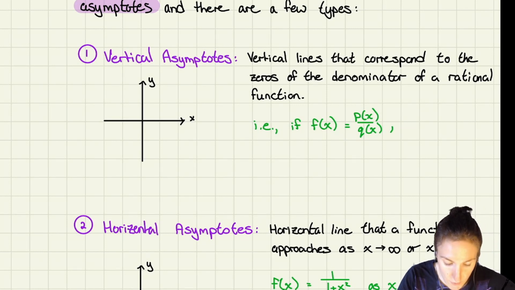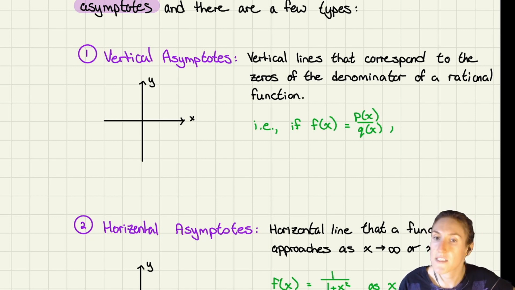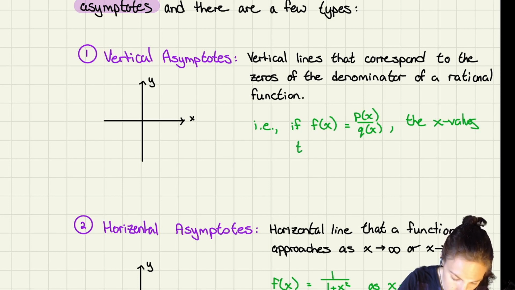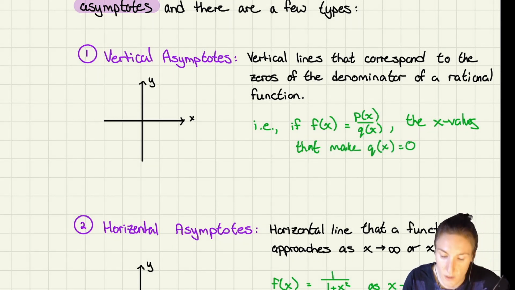Let's first talk about vertical asymptotes. What are these things? Well, if we look at a rational function, and we look at the coordinates where q of x is equal to 0, the x values that make q of x equal to 0, those are the coordinates that our function is never going to be able to cross.